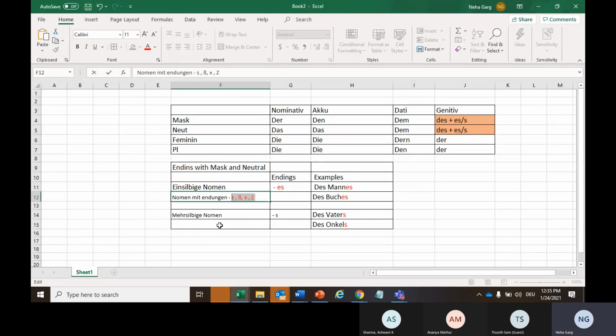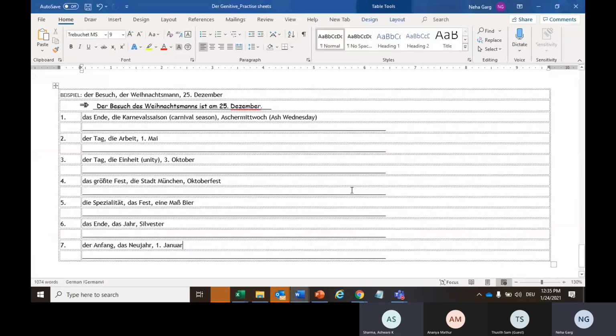I'm actually left with two. So, Sam, Nummer 6 und Nummer 7, that will be Jahres. Jahr. Yes. So, it will be Jahres.